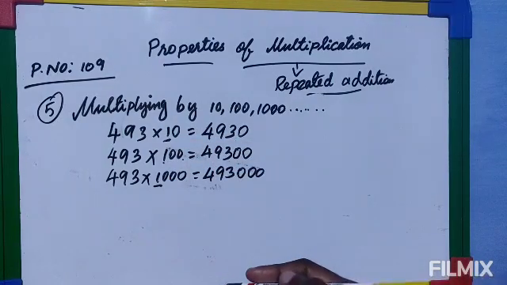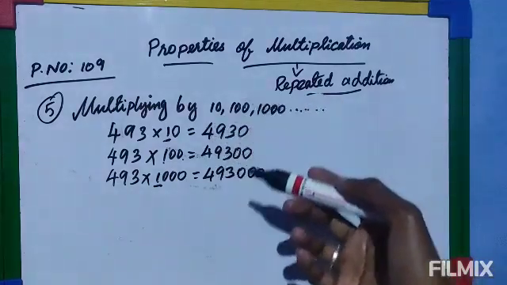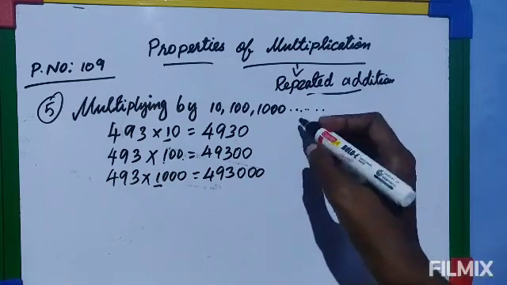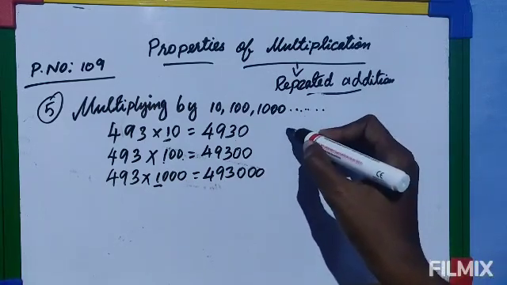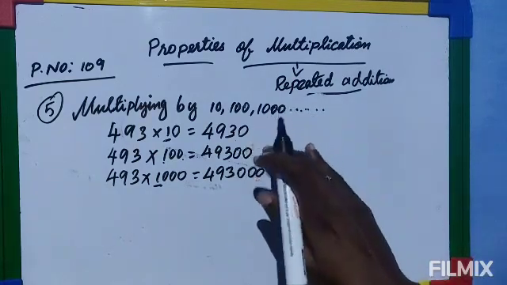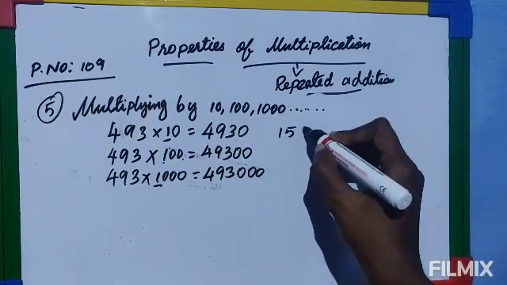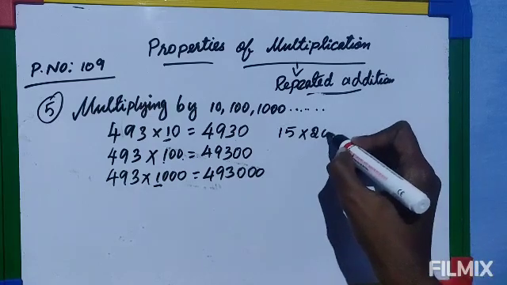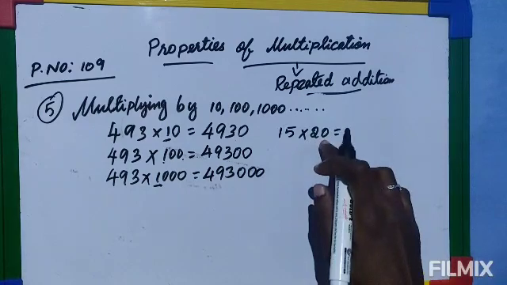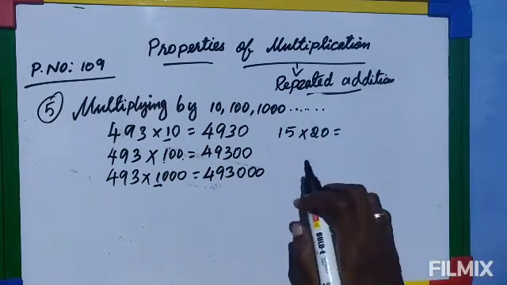Now suppose it is the product with multiples of 10 or 100 or 1000. How to do it? Let me give an example. Suppose there is 15 into 20. This 20 is a multiple of 10. This is also easy.